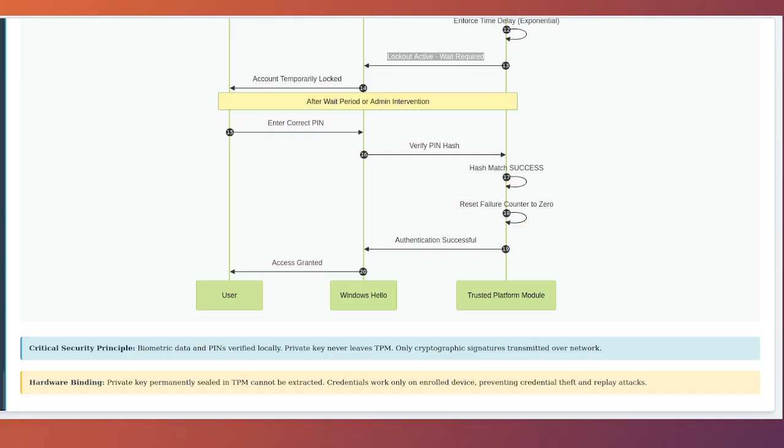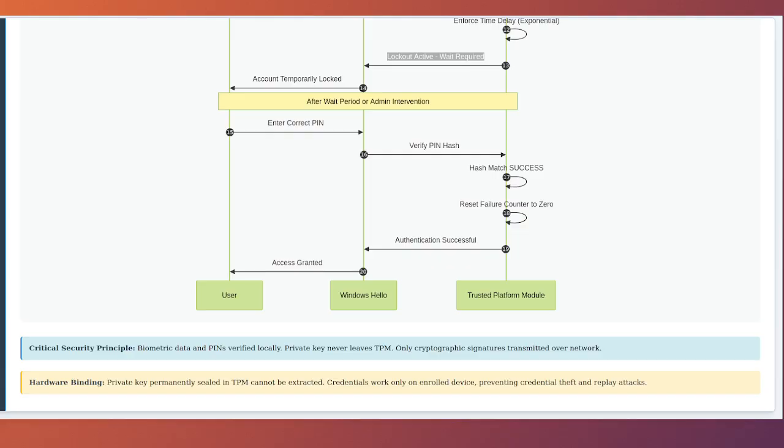Organizations deploying Windows Hello should ensure that all devices have TPM 2.0 enabled and properly configured. BIOS settings should be verified to confirm TPM is enabled and activated. Device provisioning processes should include TPM initialization as a standard step. Users should be educated about the security benefits of Windows Hello and encouraged to enroll biometric credentials for the best user experience.